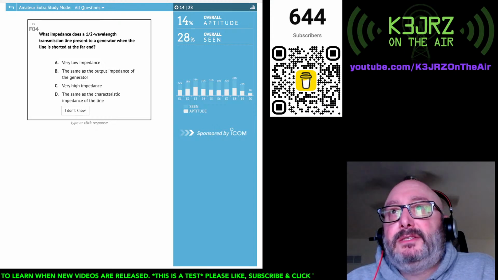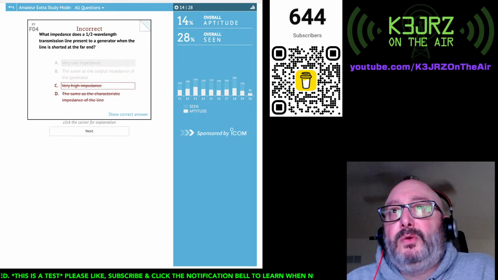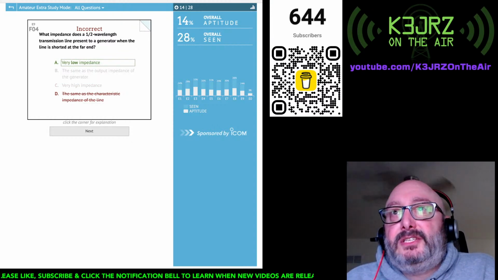Oh, what impedance does it have? Very low impedance, apparently, because you change the SWR when you shorten it.